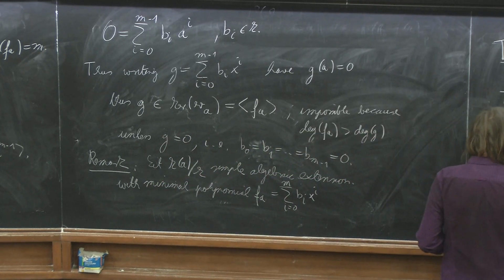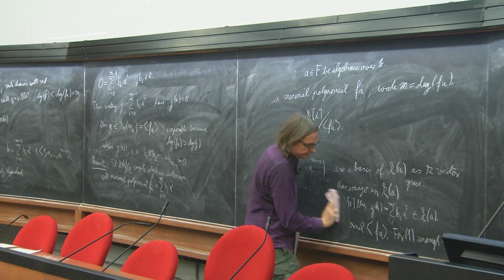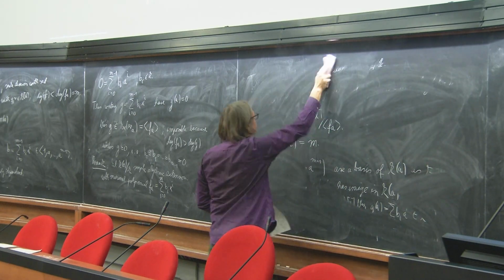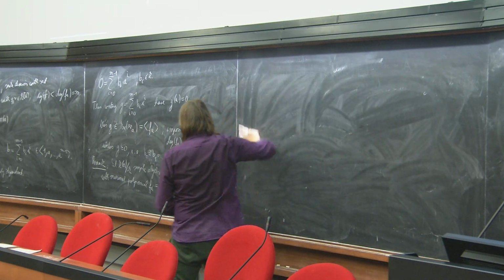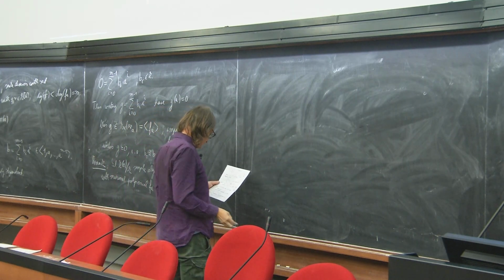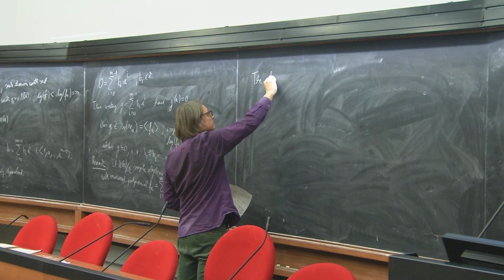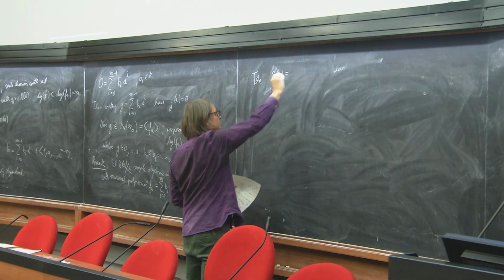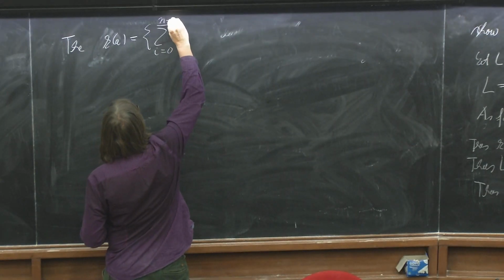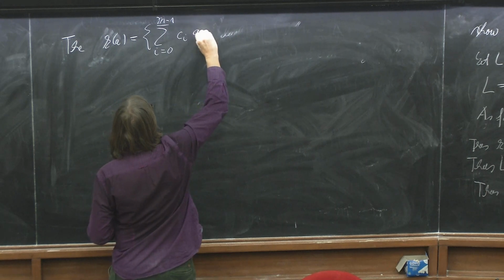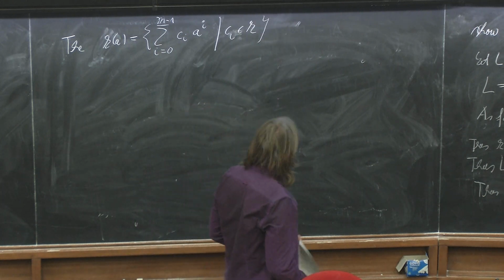Well, we know as a vector space it is generated by these elements, so K(a) can be written as the set of all sums i equals 0 to m minus 1 of c_i a to the i with c_i in K. So these are all distinct elements.